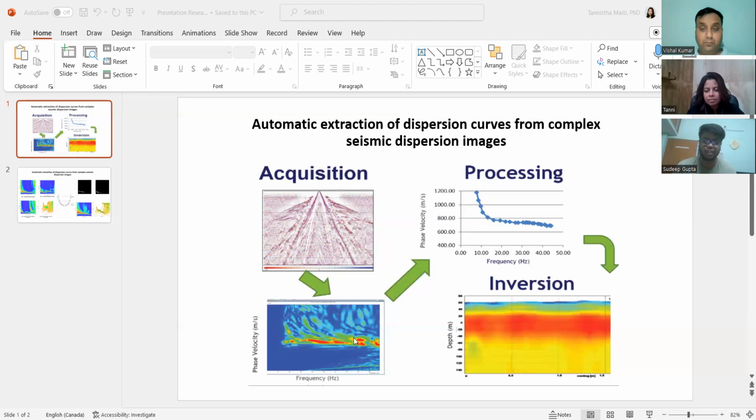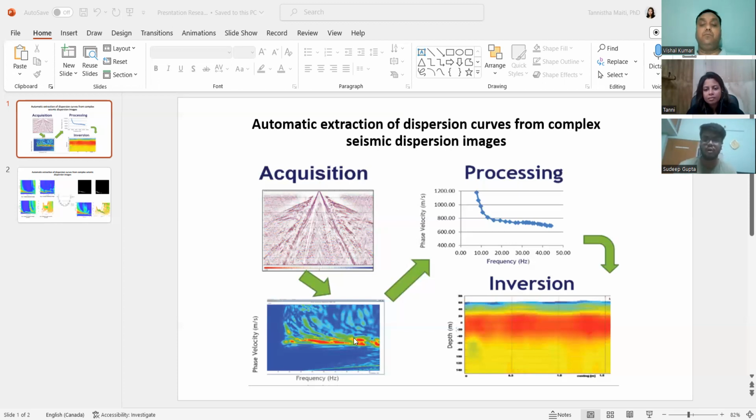It is also tough because the dispersion images that we get are complex in nature, and for a human eye, it is very difficult to pick the right spots, the peak spots where the energy is maximum. So it becomes very subjective, and also there are tens of thousands of dispersion images like these.